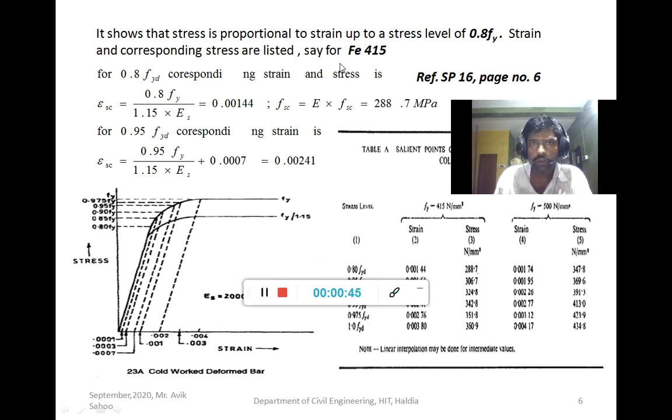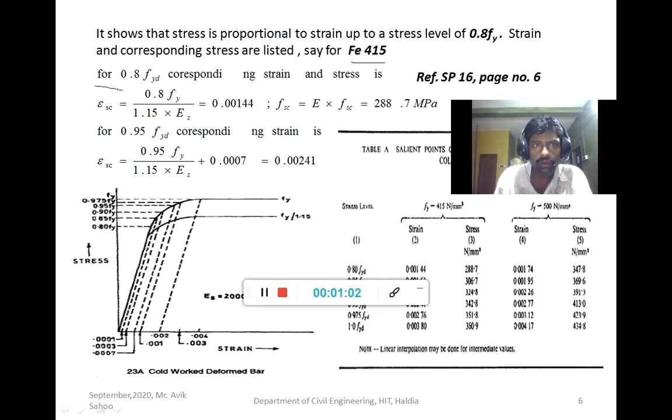So say for Fe 415, you see that this is the yield strength curve, and this is the design stress strain diagram of steel.